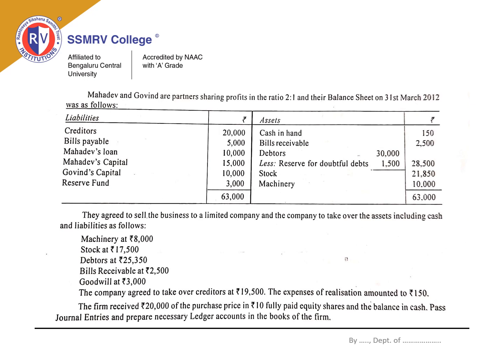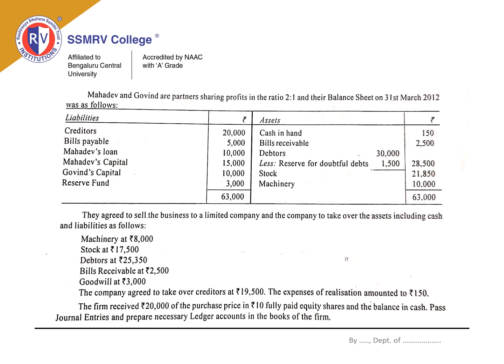Agreed value means the value which the purchasing company has agreed to pay for the assets and liabilities of the vendor firm. So the problem also gives us the agreed values of the assets and liabilities. And the purchase price is to be paid partly in equity shares and partly in cash. So this is what is given to us in the problem.